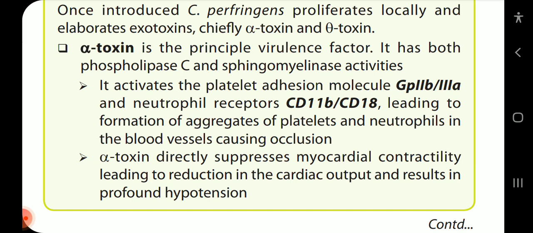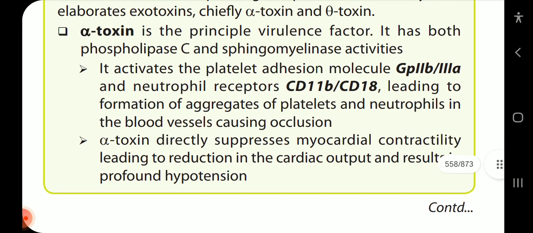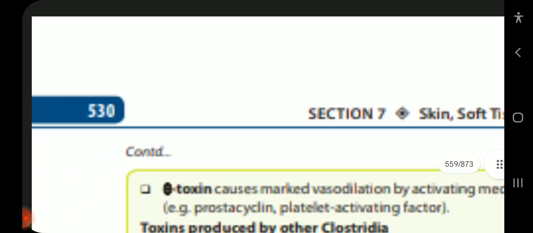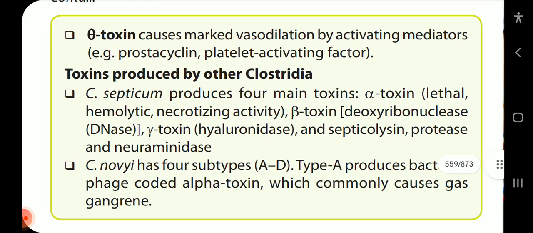It activates the platelet adhesion molecule GPIIb/IIIa and neutrophil receptors CD11b and CD18, leading to formation of aggregates of platelets and neutrophils in the blood vessels, causing occlusion. Alpha toxin directly suppresses myocardial contractility, leading to reduction in cardiac output and resulting in profound hypotension. Theta toxin causes marked vasodilation by activating mediators, for example prostacyclin and platelet activating factor.